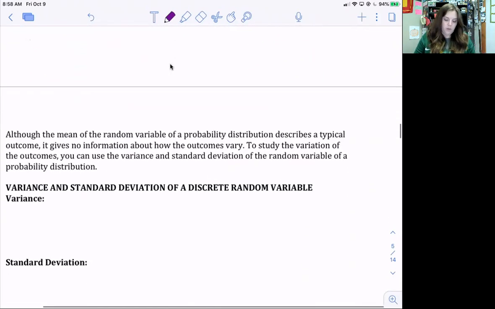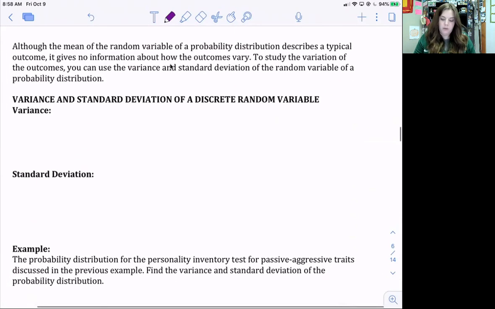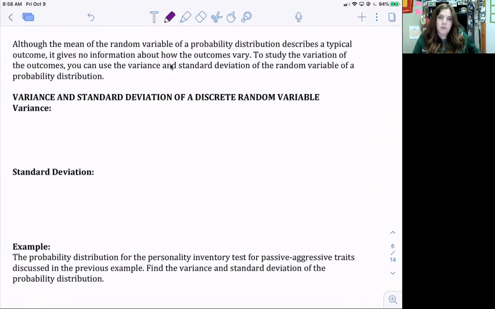All right, so although the mean of the random variable of a probability distribution describes a typical outcome, it gives no information about how the outcome varies. So now we're going to look at standard deviation and variance. So variance, remember, is sigma squared, is the summation of our deviations, so x minus mu squared times p of x.